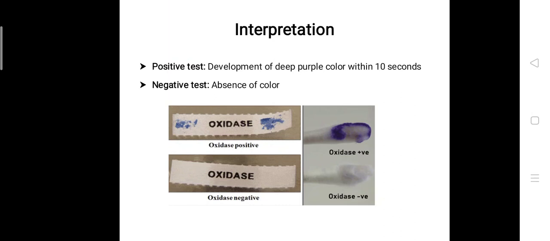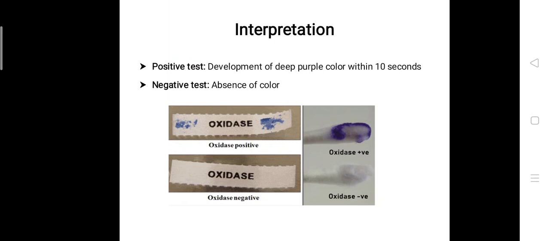If the test sample turns the disc a deep purple color, this can be reported as an oxidase positive test, since the test organism has the enzyme oxidase present in it.